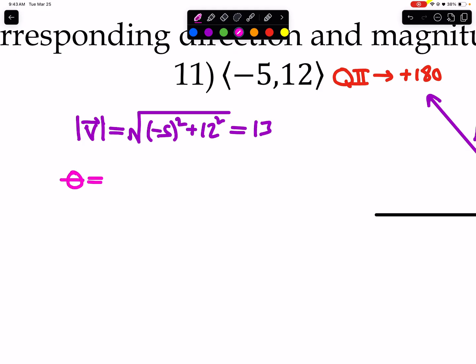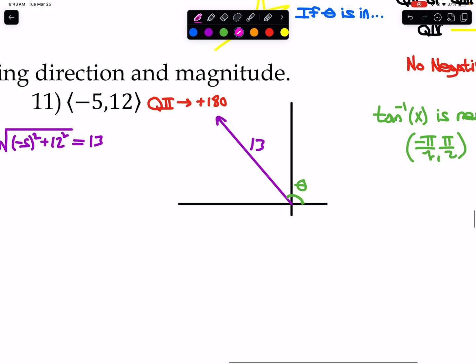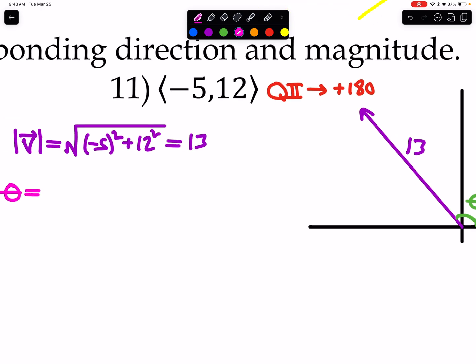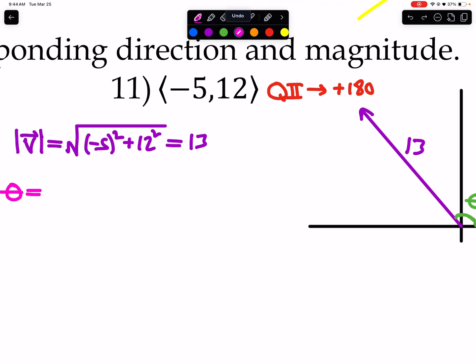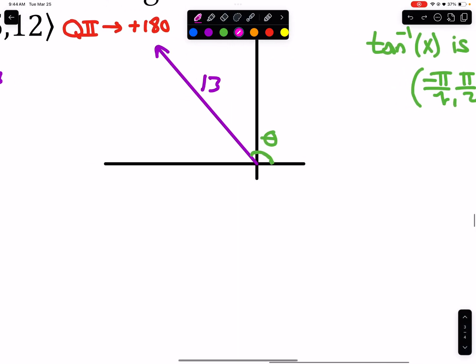So our angle here, now keep in mind, when tangent is negative, so if I do my y over my x, that would be negative. That means the angle that the calculator is going to give us is actually the quadrant 4 angle.